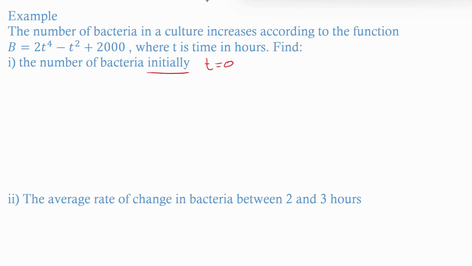So we can substitute into our formula: b equals 2 times 0 to the power of 4 minus 0 squared plus 2000, we end up with 2000. So the number of bacteria initially, before anything begins, is 2000.